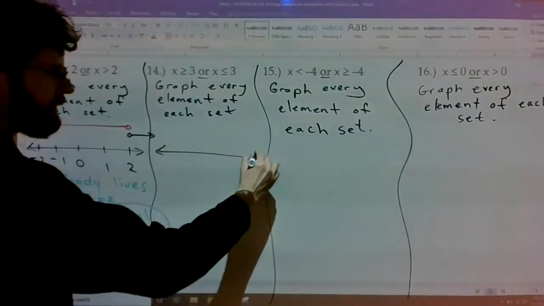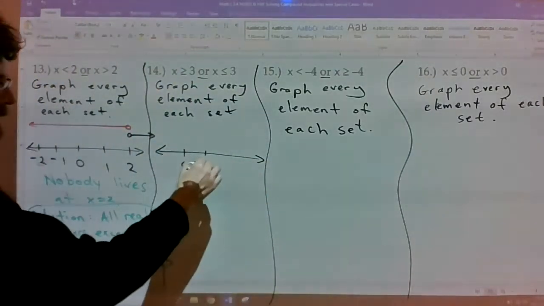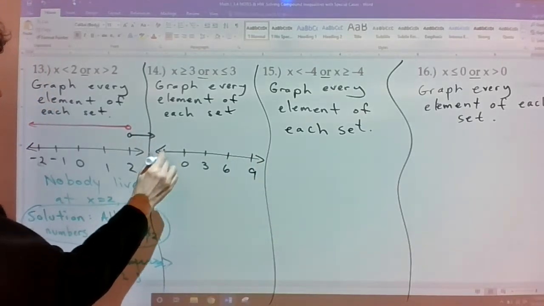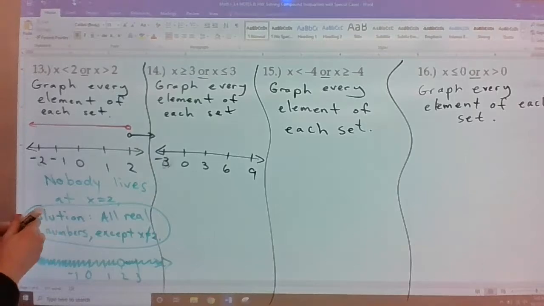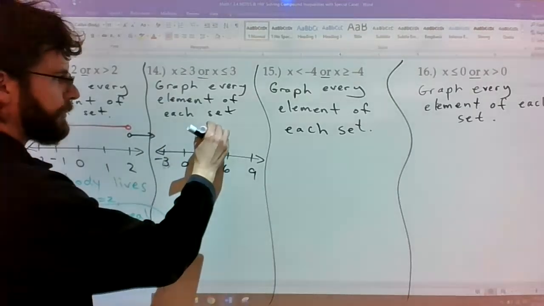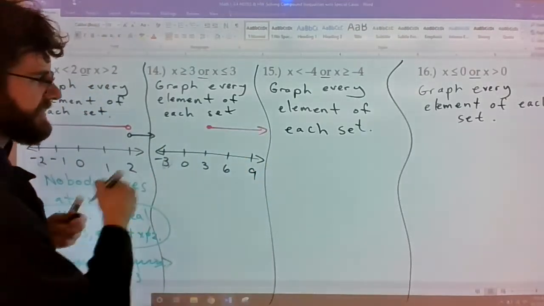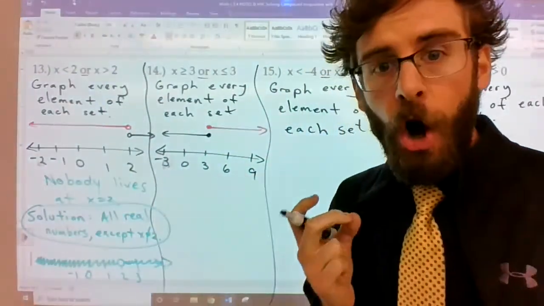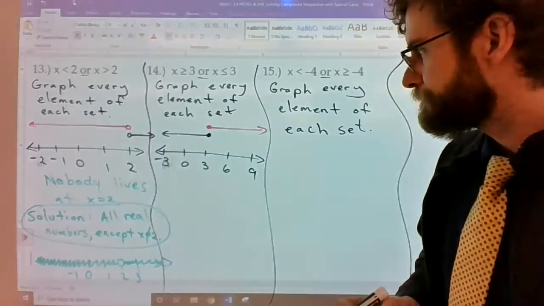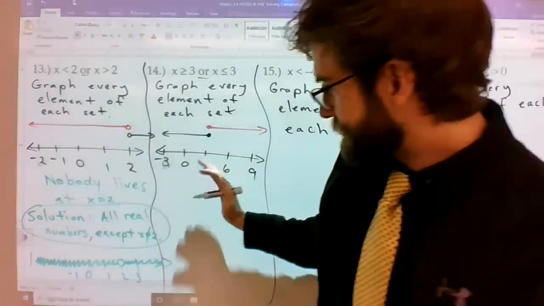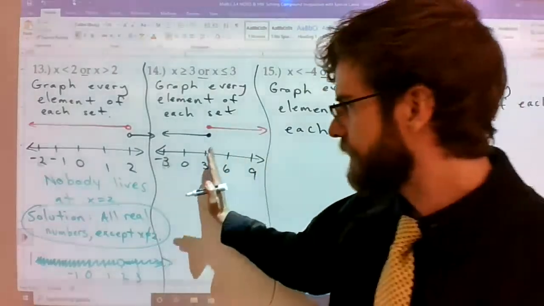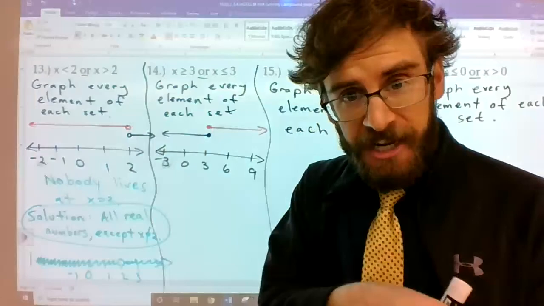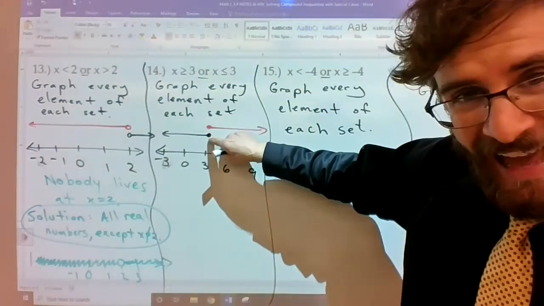Let's check out the next one. 3, 6, 9. All right, in red ink, I'm going to go x is greater than or equal to 3. In black ink, I'm going to go x is less than or equal to 3. The question is, what would best represent all elements of the solution set? Well, everybody from negative infinity to infinity, including 3, because there's a closed circle represented at 3.